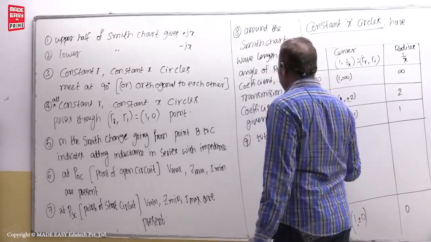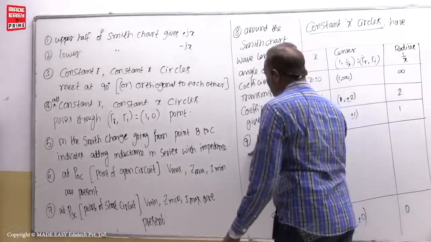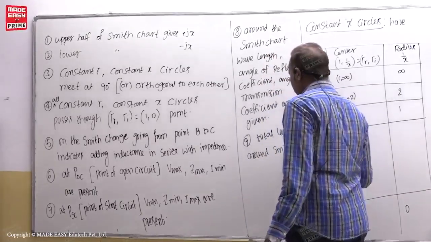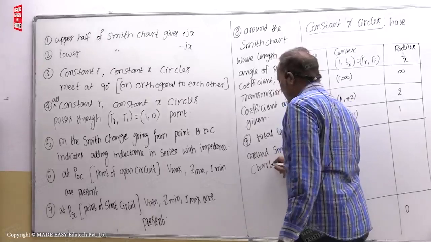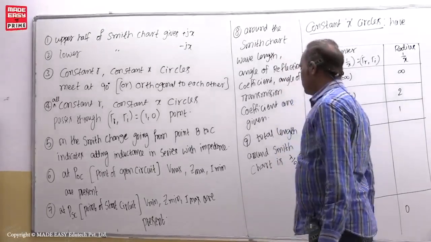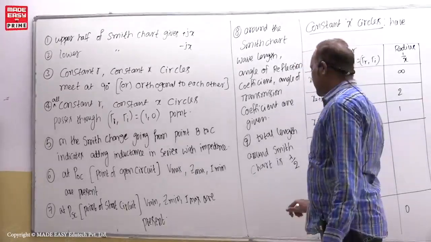Total length around Smith chart is lambda by 2, because for lambda by 2 length all parameters repeat, that's why.